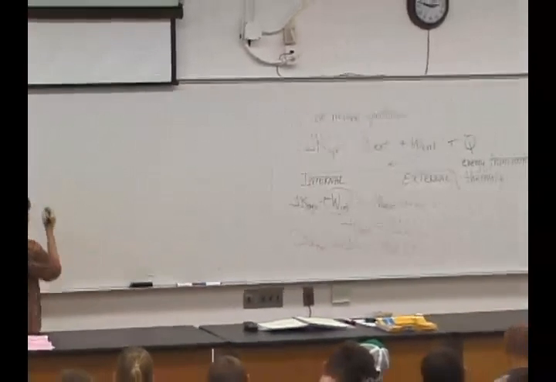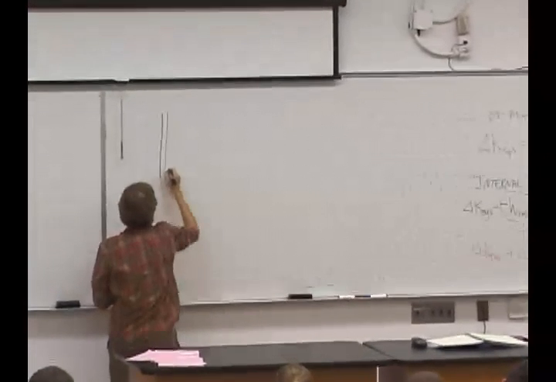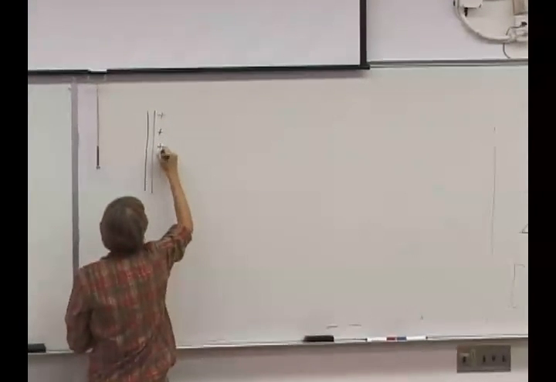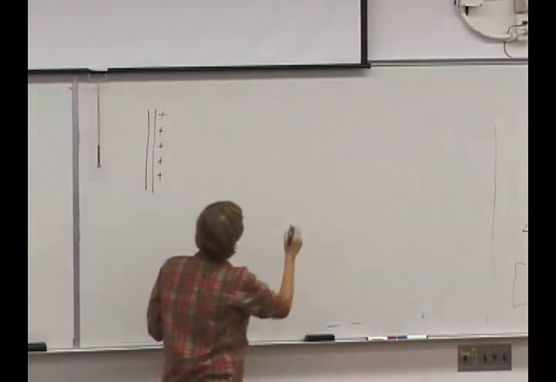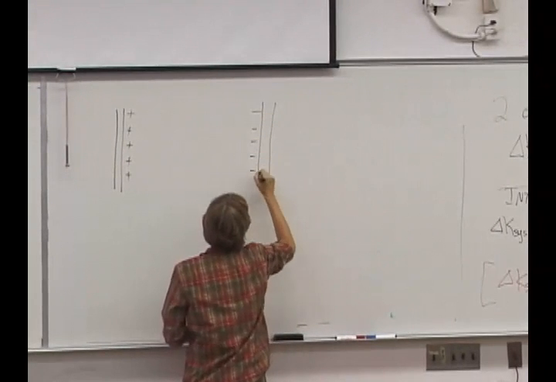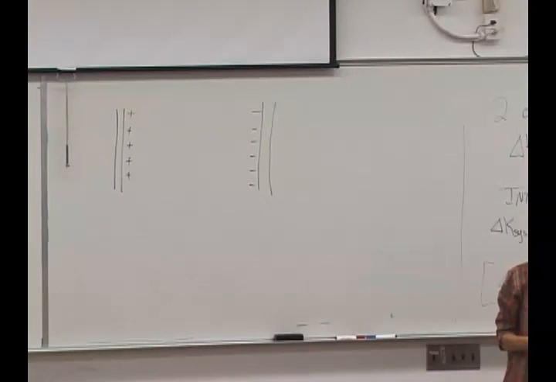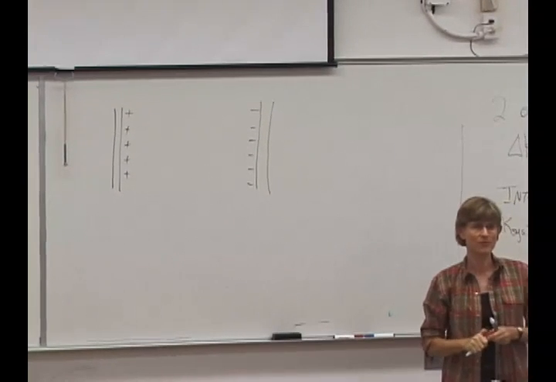Okay, so let's take a simple system, or a system that's simple to think about. Let's consider a capacitor, which we discovered last week has the very nice property that the field inside the capacitor is essentially uniform.